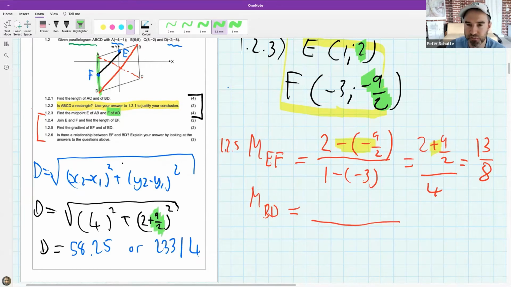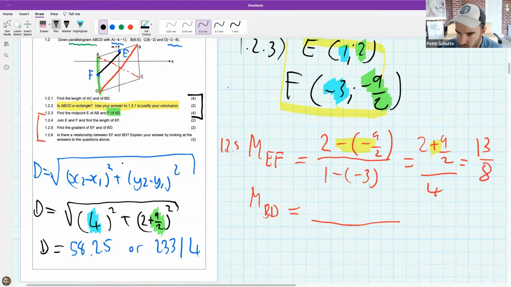So it's just the fact that in the formula, it's y2 minus y1. When I say the thing at the top minus -9/2, it becomes a positive. The same way for the x bit, I went 1 minus -3, which became 1 plus 3, which is 4. Okay, so I hope that helped.